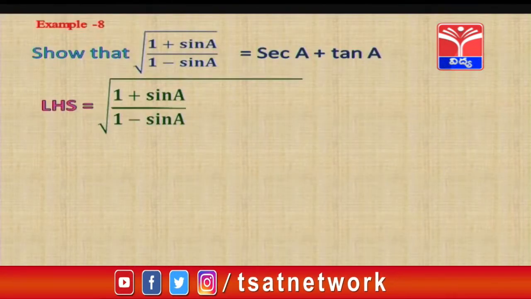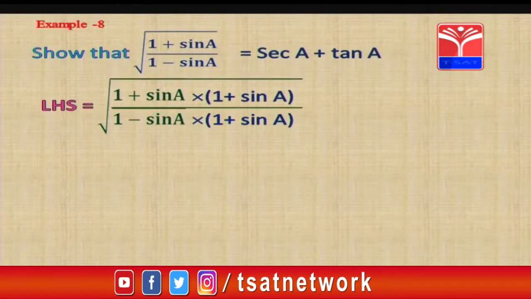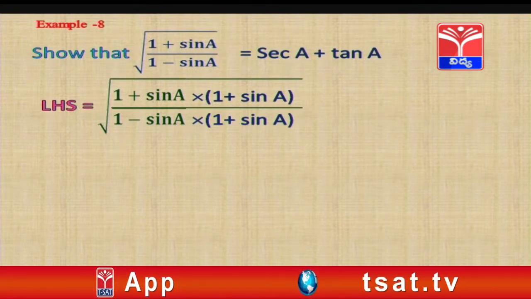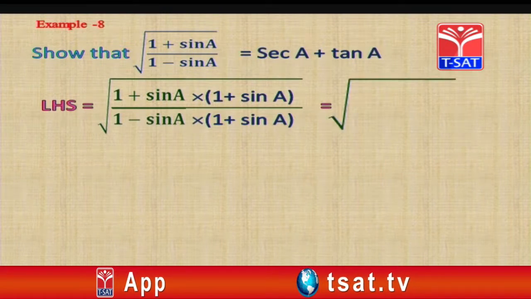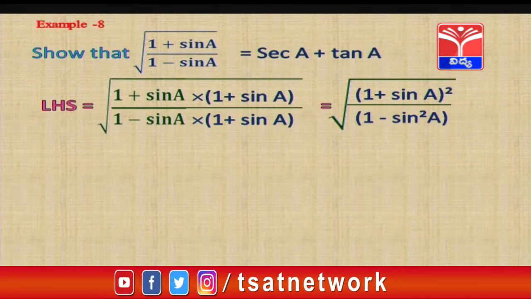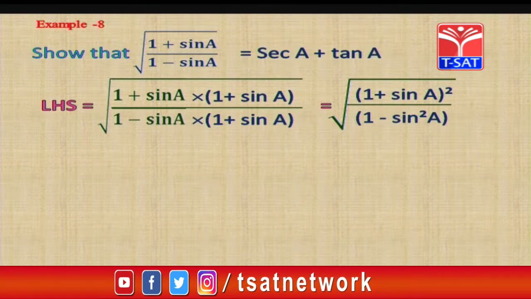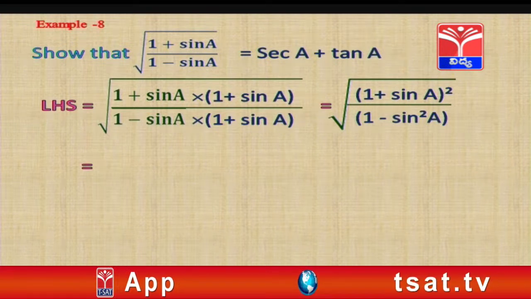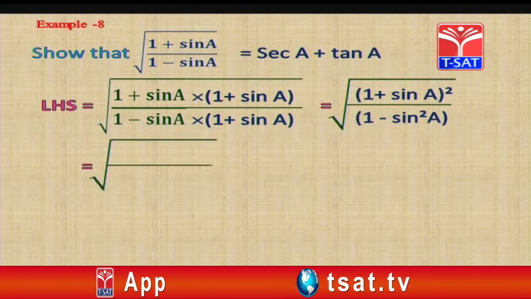I am going to multiply inside the square root, that is 1 plus sine a in the numerator as well as 1 plus sine a in the denominator. So, that I will be getting the answer as under root of 1 plus sine a whole square in the numerator, and the denominator it is like a minus b into a plus b, it is like a square minus b square. So, I am getting here 1 minus sine square a. So, now we have a formula.